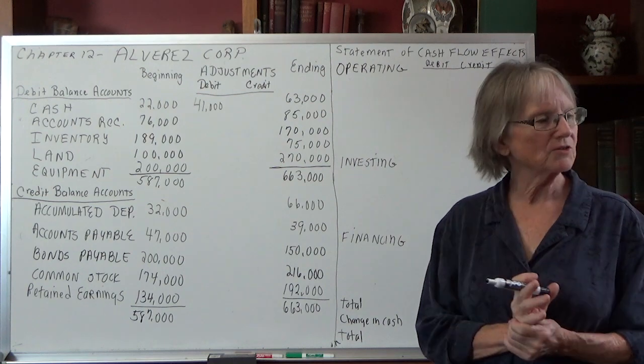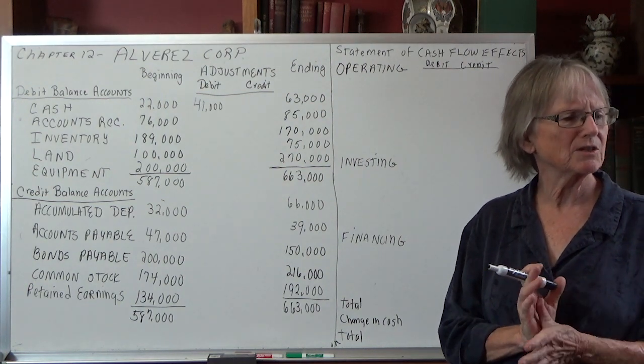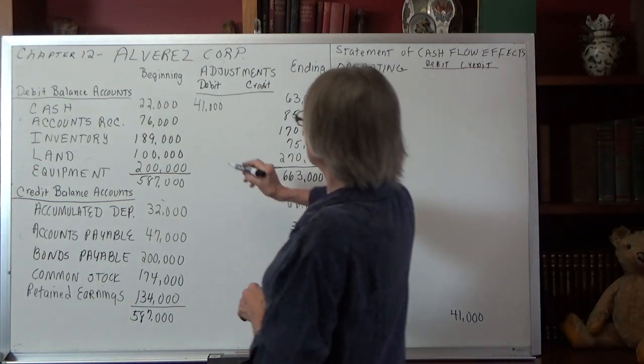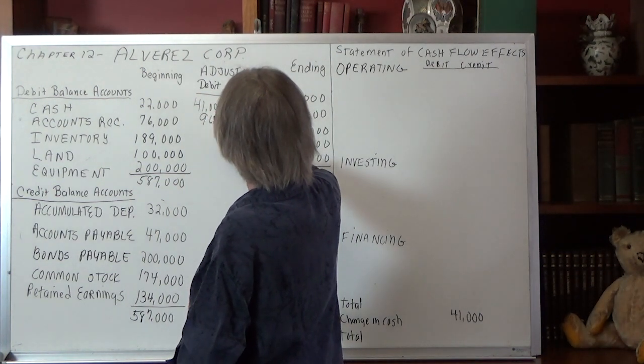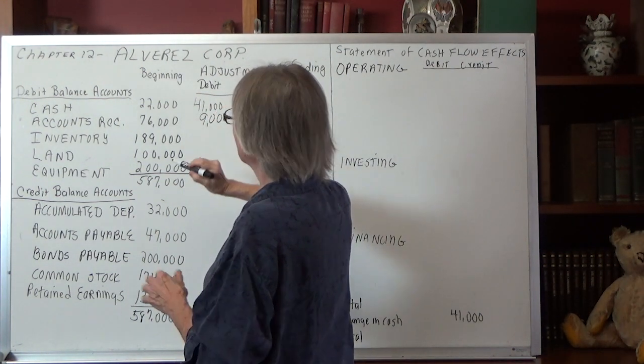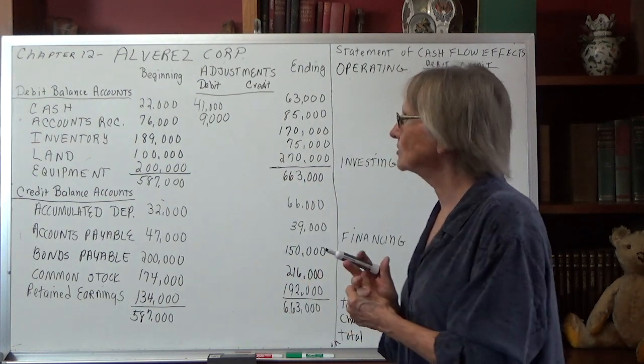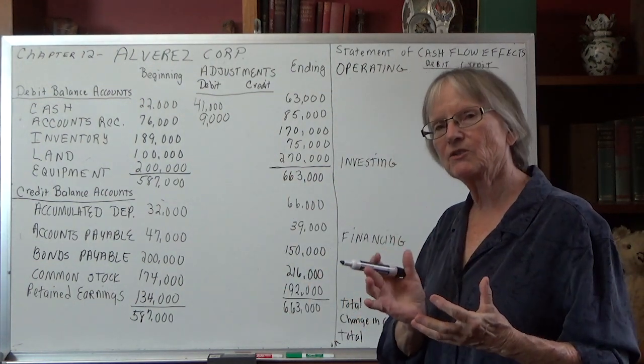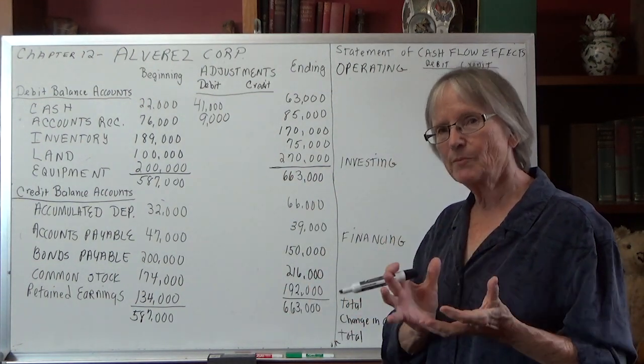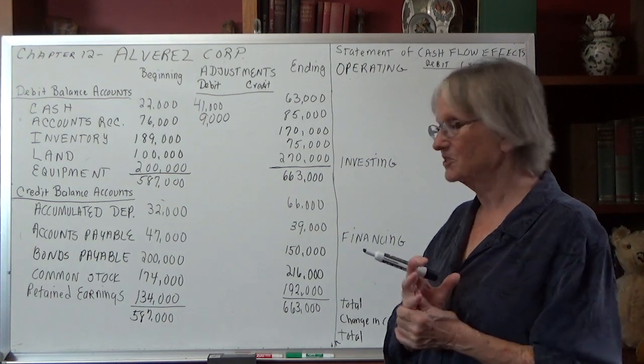Okay, other current accounts, accounts receivable went from 76 to 85. That's a $9,000 increase. Okay, so now here's where we have to know accounts receivable. These are all our current accounts, so these are going to end up in the operating section, right? Operating activities.